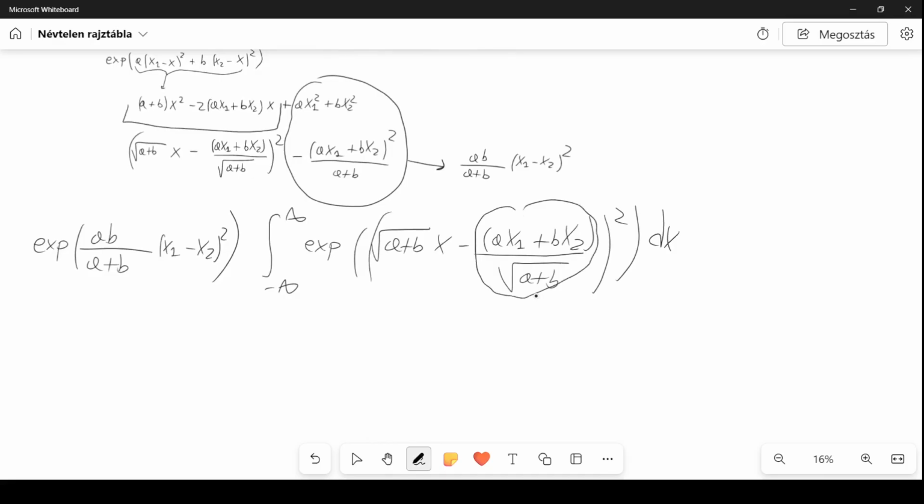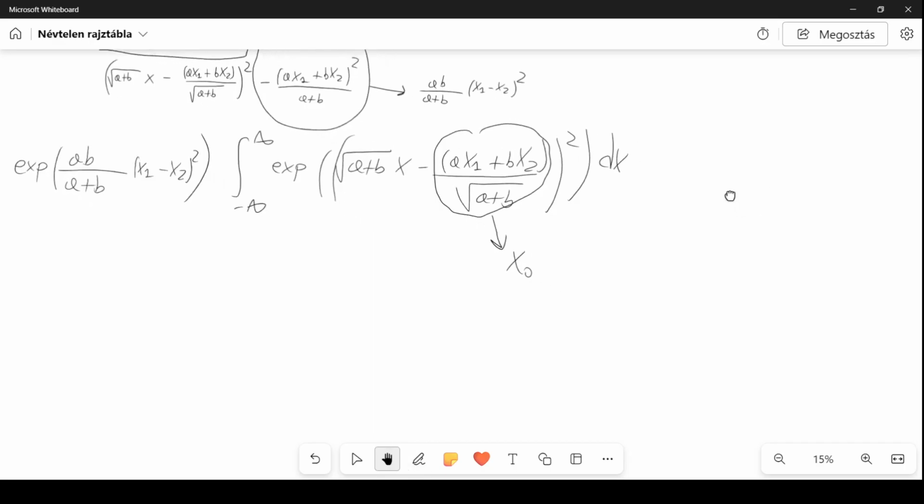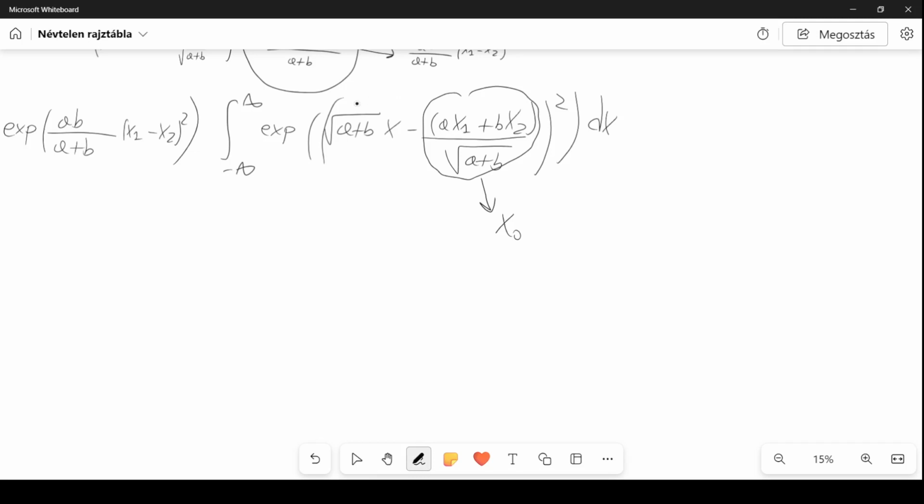Now, for convenience, we can simply rewrite this term here. We can simply call it x0, or x naught, because this will not appear in the final expression. It's related to the mean value of the Gaussian distribution, so it's proportional to that. And this square root of A plus B is related to the variance of the Gaussian distribution. So let's focus only on this integral here.